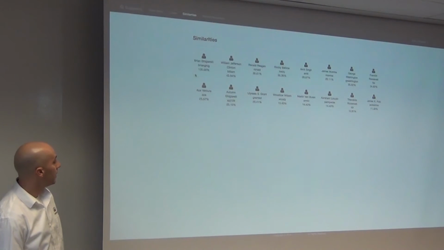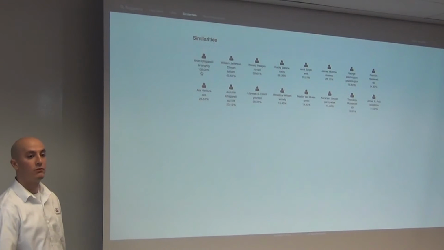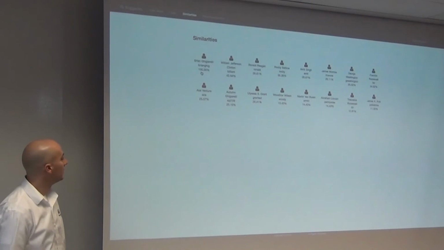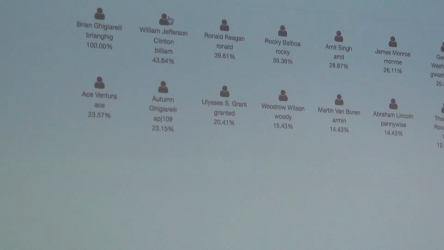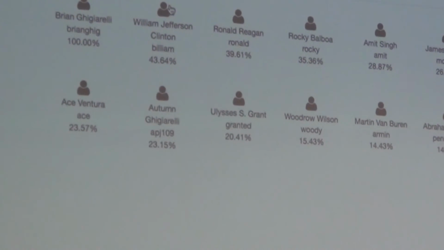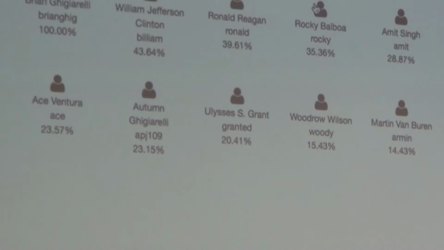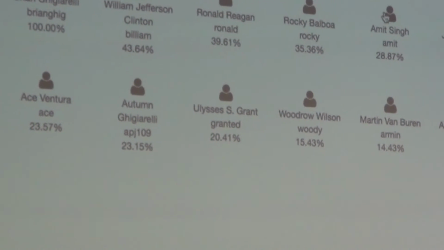So I have a similarity to myself of 100%, which is good, right? If I didn't, that'd be weird, or the math would just be horribly wrong. From there, I can see that I have a similarity to Bill Clinton of 43%, or whoever had the user Rocky Balboa, or Amit.